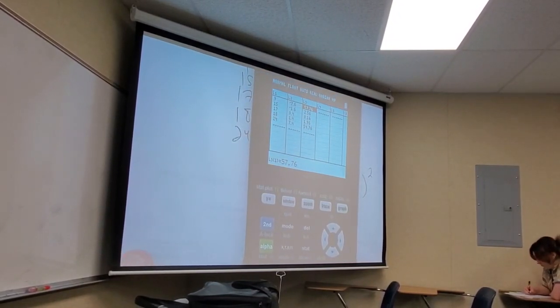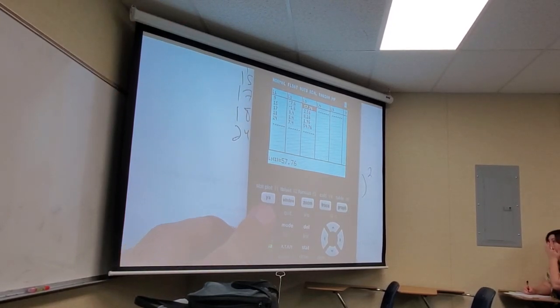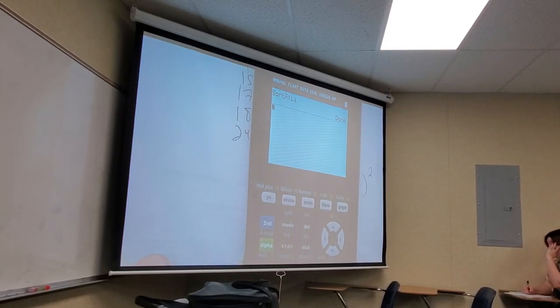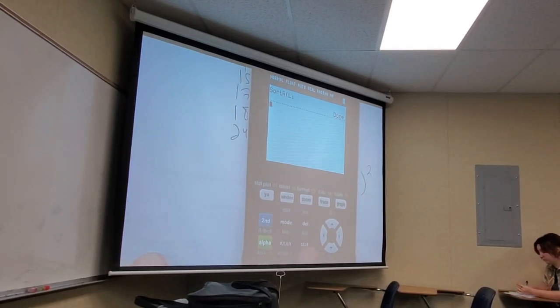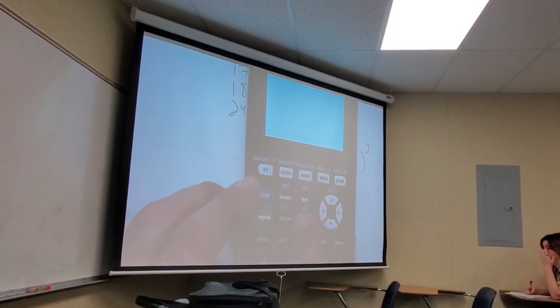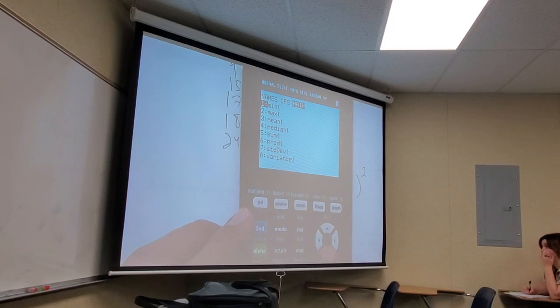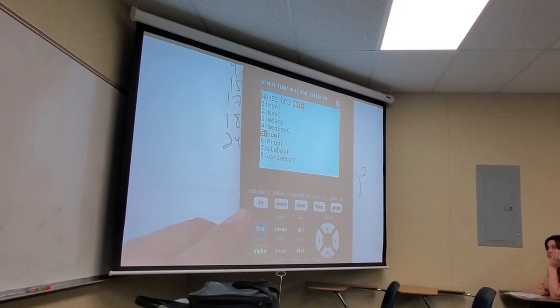So you can either copy them down and then put them in the calculator, that's fine, or you can hit second mode to quit. I want to do something to one of my lists now, right? See how it says list above stat? Second stat, I want to do math to a list. I want to sum up a list. I want to sum up list 3.